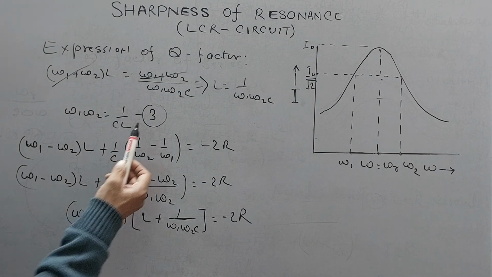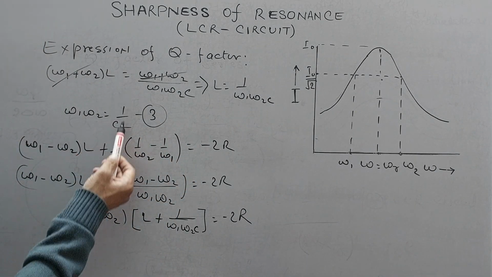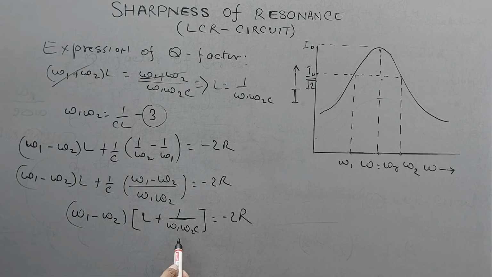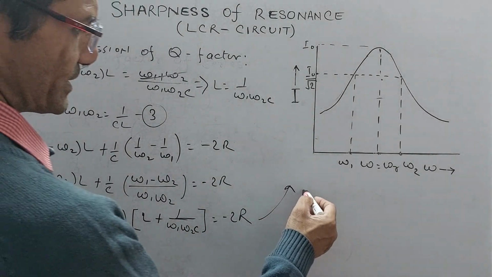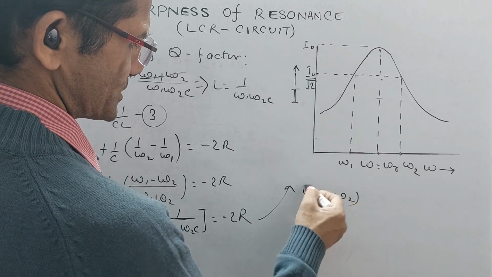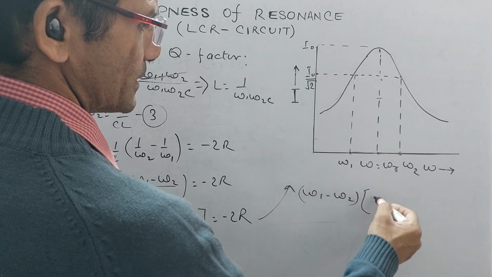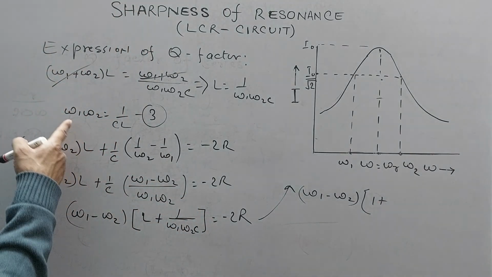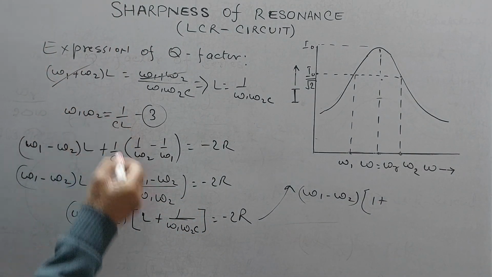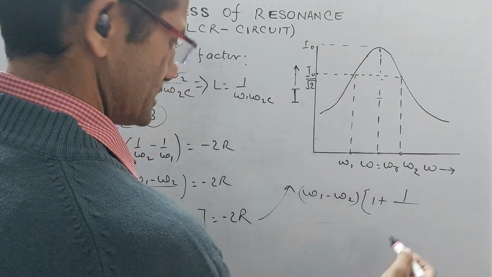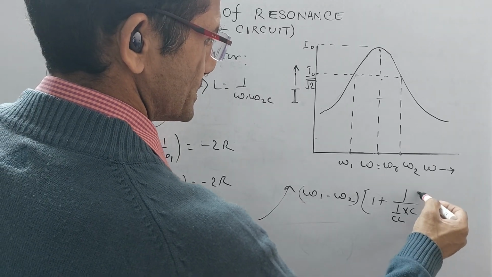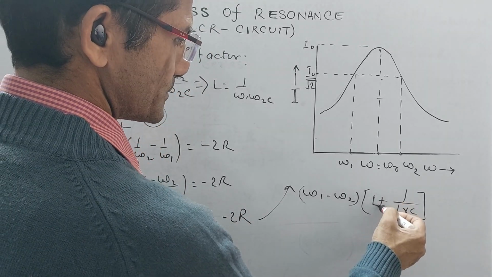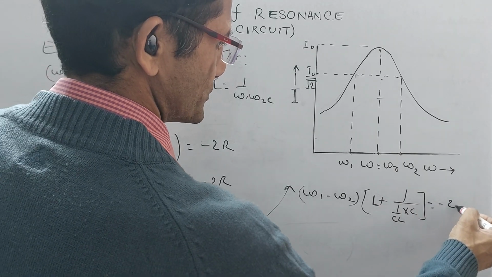Now if I use equation number 3, omega 1 omega 2 is equal to 1 by CL, place this value here. So I will get omega 1 minus omega 2, inside of this, L plus, placing the value of omega 1 omega 2, 1 upon CL times C, bracket closed, is equal to minus 2R.